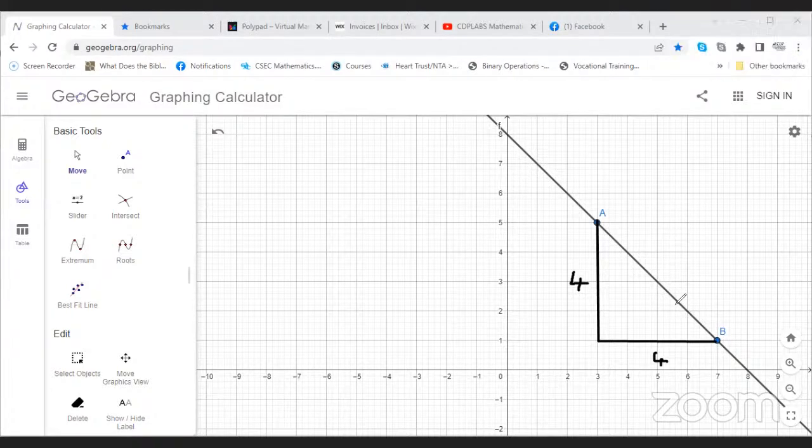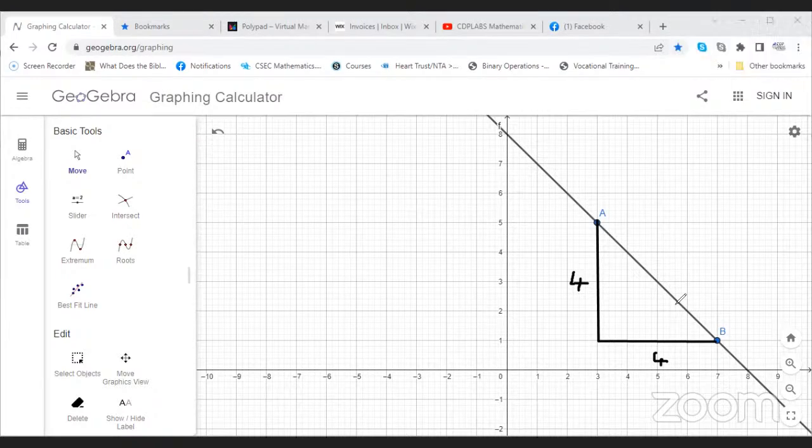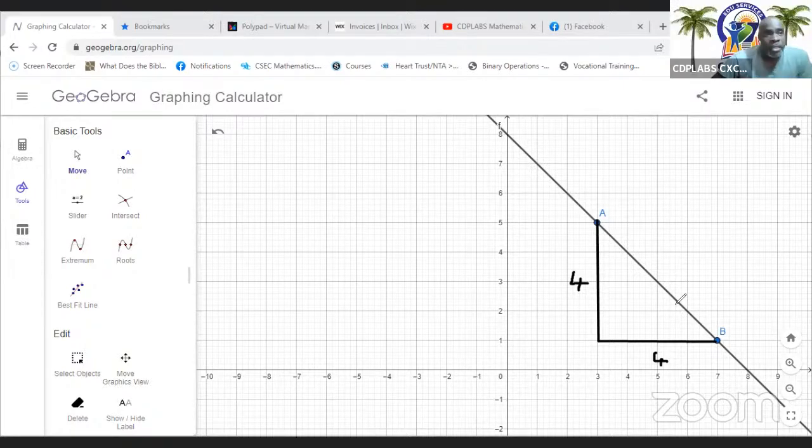So I have the 2 lengths, which are equal to 4. Then you draw the third length and measure it. So use a ruler and measure 4 horizontally and 4 vertically. And then you draw the diagonal line to close the triangle and measure the length of that line.